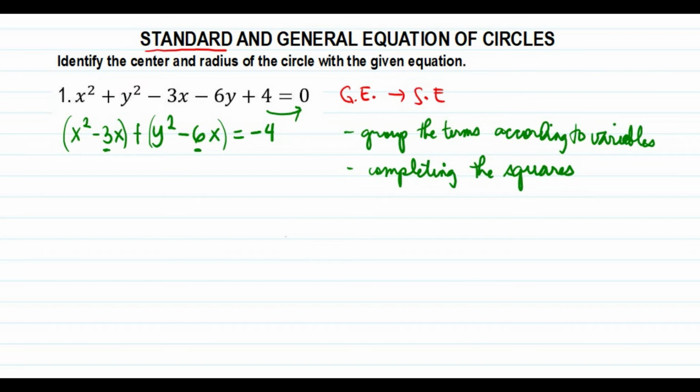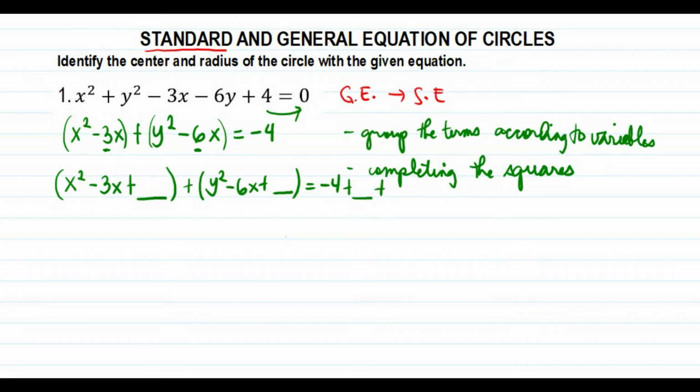Let's have the first group. X squared minus 3x. Para mas madali, lagyan nyo na lang ng blank. Plus y squared minus 6x plus blank equals negative 4 plus blank plus blank. Okay.